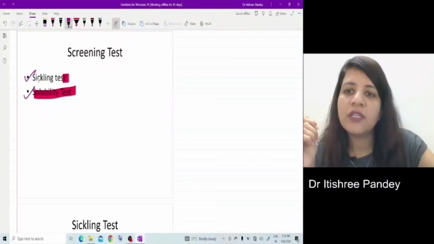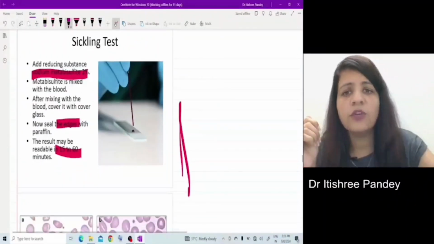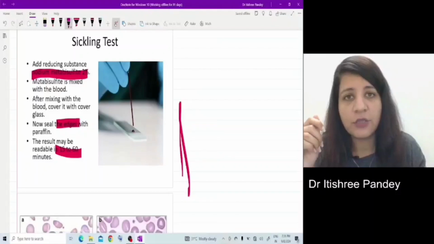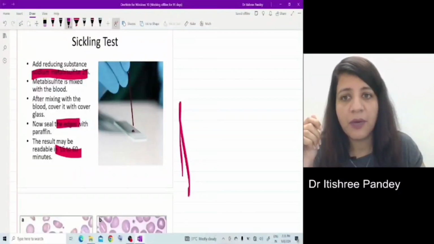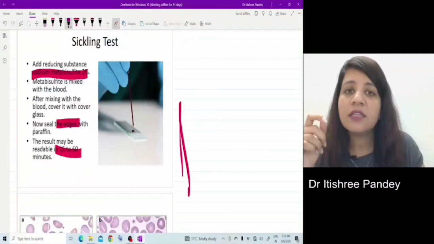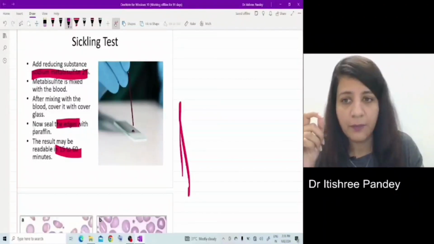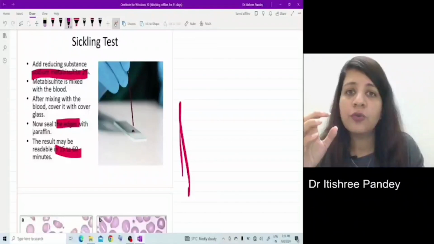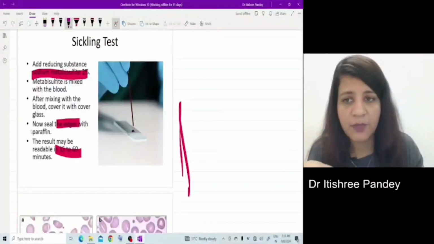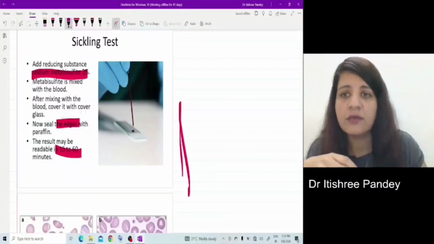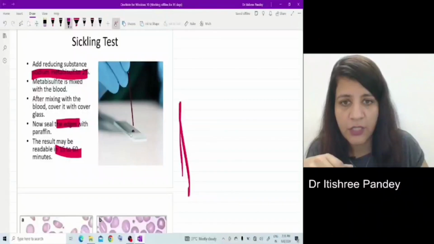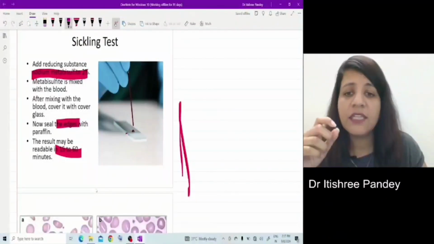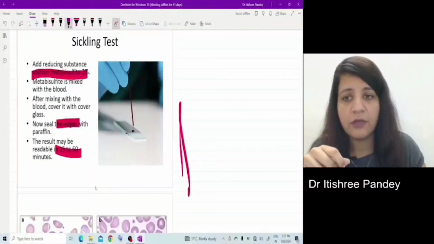So what do we do in the sickling test? We add a reducing substance, which is sodium metabisulfite 2%, and then this metabisulfite is mixed with blood. This metabisulfite is added to give the deoxygenated state to the RBC. Once it is mixed, the blood mixed with metabisulfite is covered with a cover glass, and the edges are sealed with paraffin.